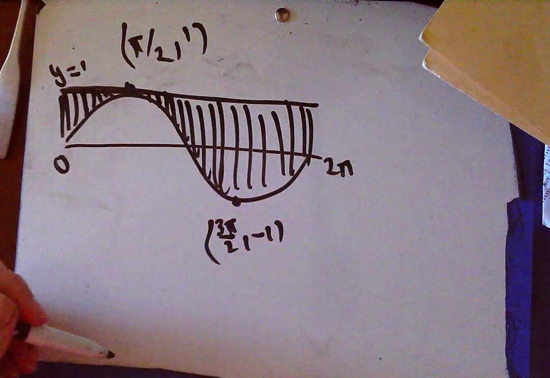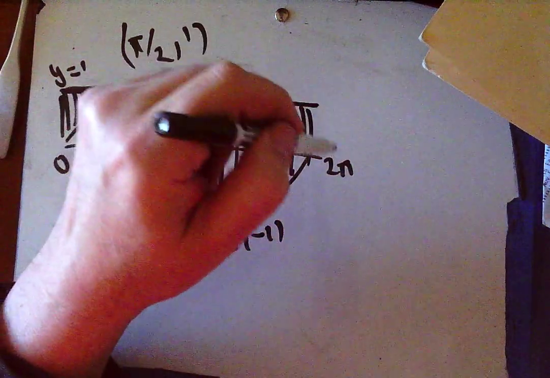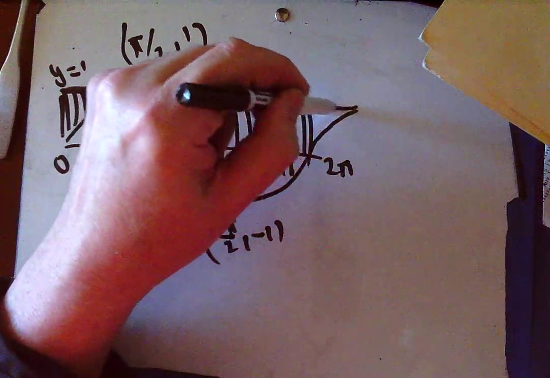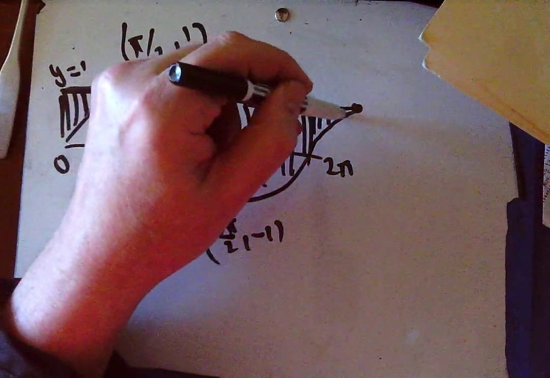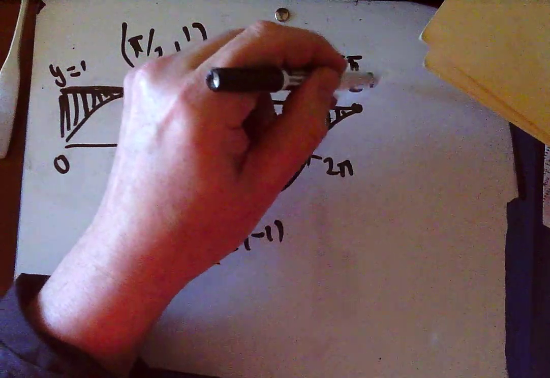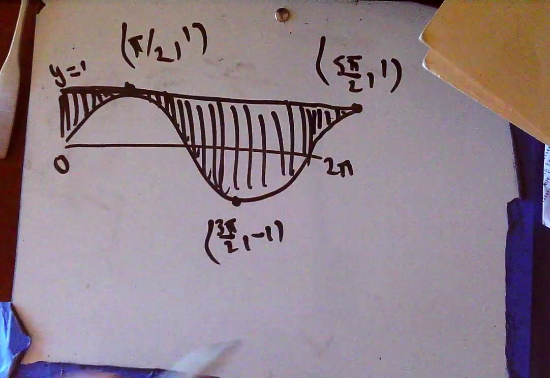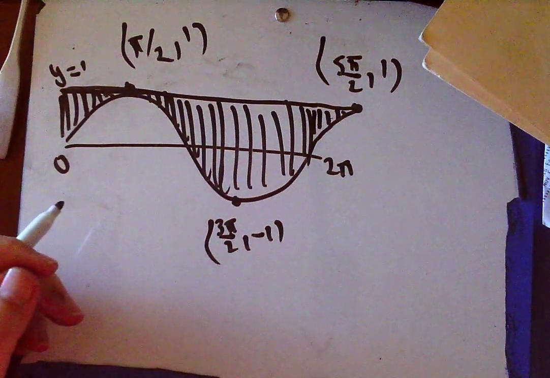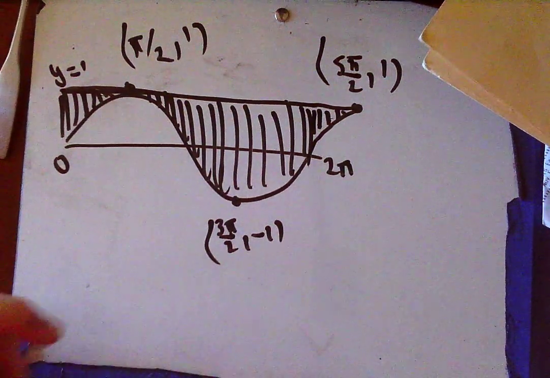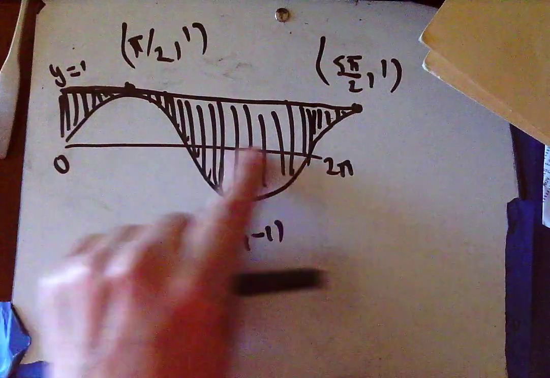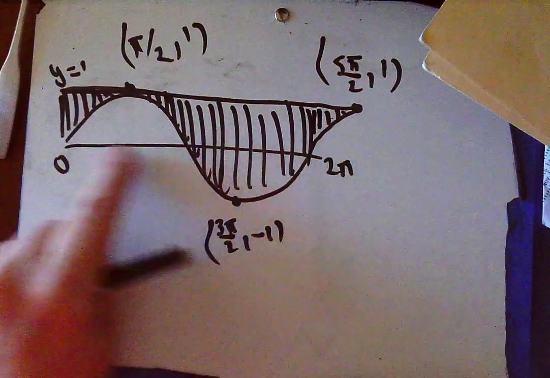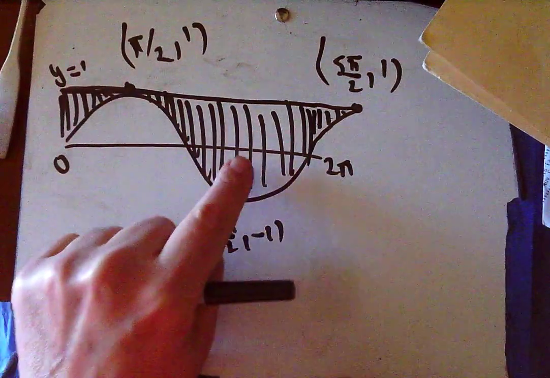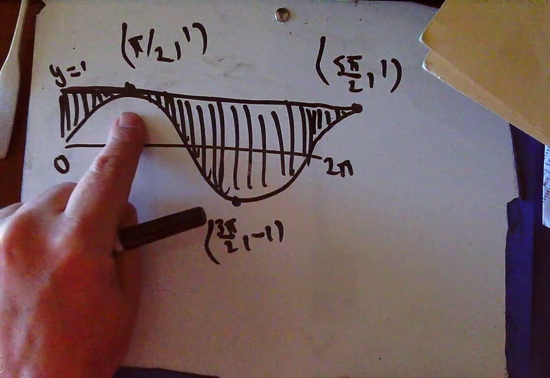And there are a number of different ways we can do this. We're given this point of intersection here at 5 pi over 2, 1. So that's the area that we're looking for. And again, you can do this problem lots of different ways. Some people say that this area and this open space are the same, so they could put that in there.